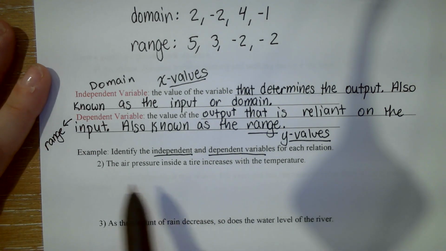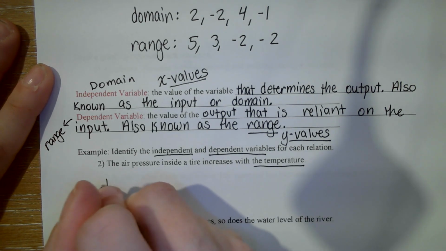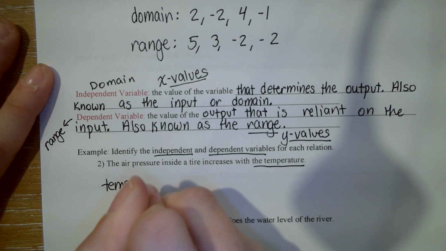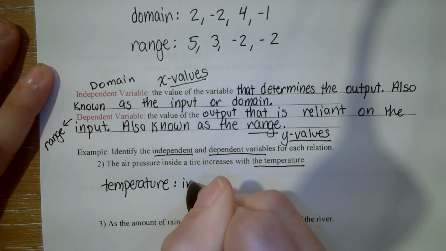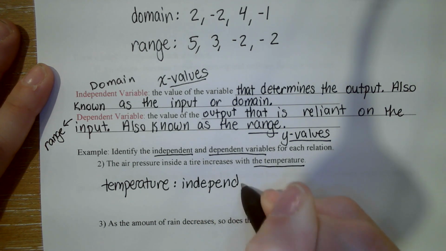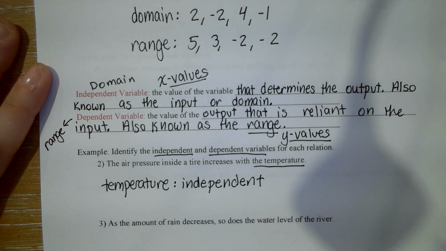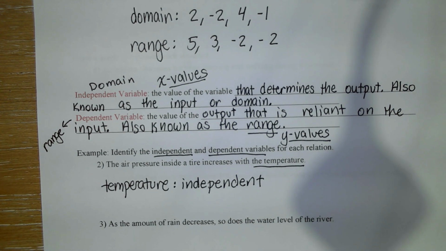And what is determining the air pressure? The temperature. So here, the temperature is going to be independent. We can't control the temperature outside. We have no control over it. There's no giant AC we can turn up. So the temperature is independent, meaning it determines the output.